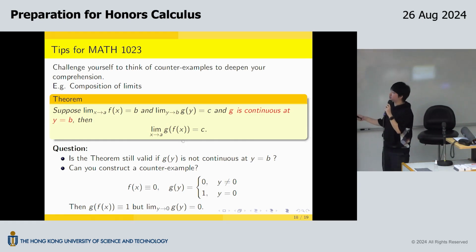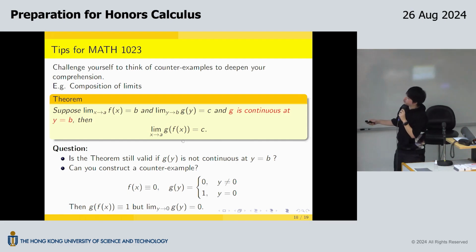So g is not continuous at the point 0. And you can see that the composition g composed with f is always 1. But the limit of g as y goes to 0 is 0.